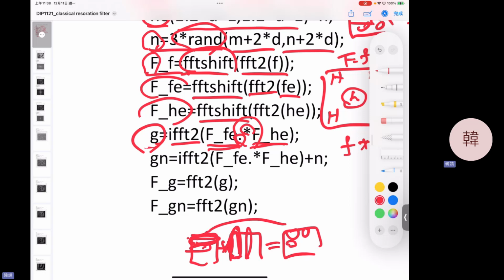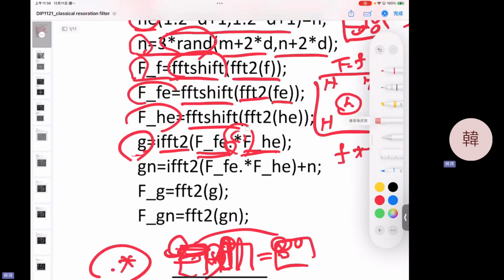So it's a basic matrix operation if you use this multiplication symbol in MATLAB. But if you want this point multiplied by this point to give this output, you have to dot multiply. Very important, don't miss this dot here.